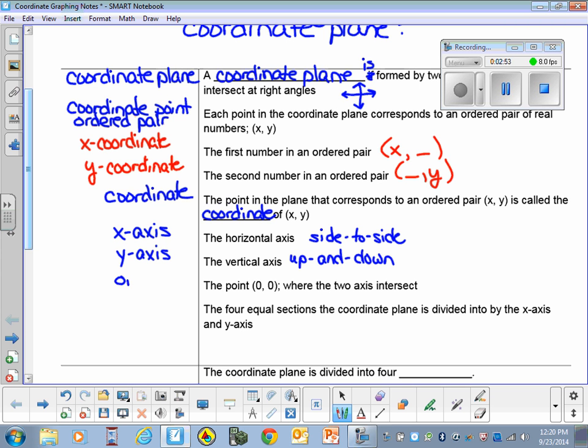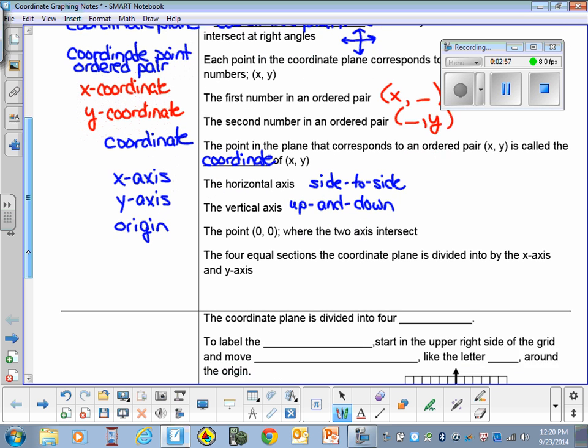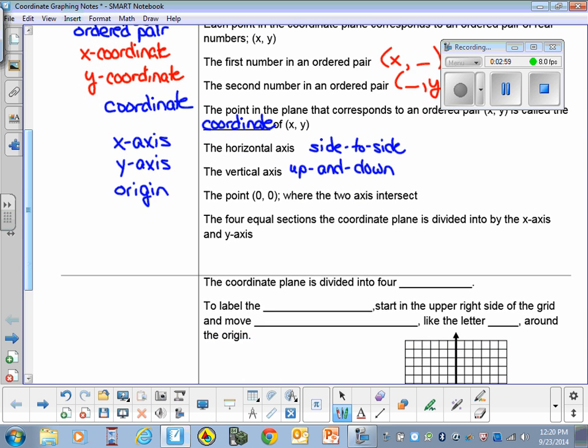The origin is where the two axes meet. It's the point 0, 0. And our last vocabulary word is quadrants. It's 4 equal sections that the coordinate plane is divided into by the axes.